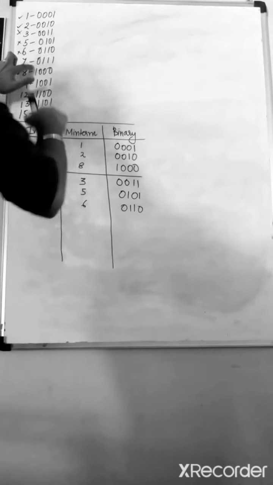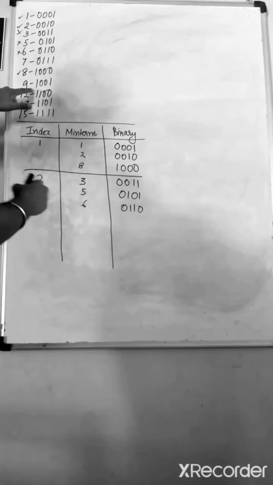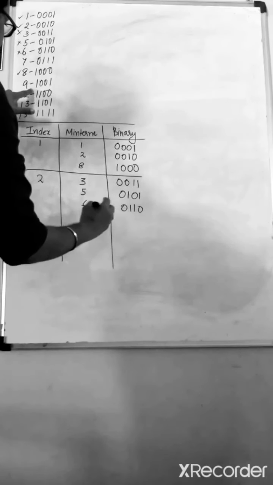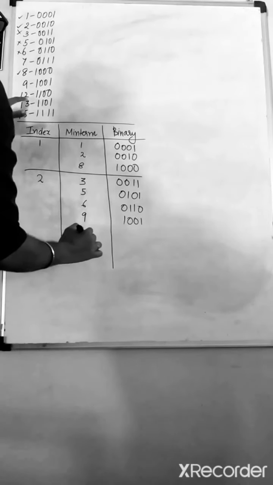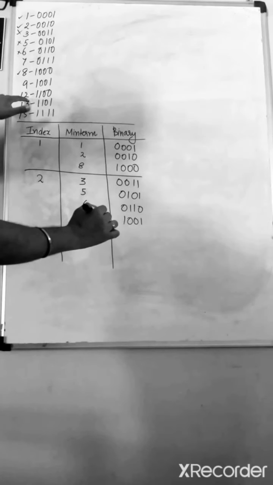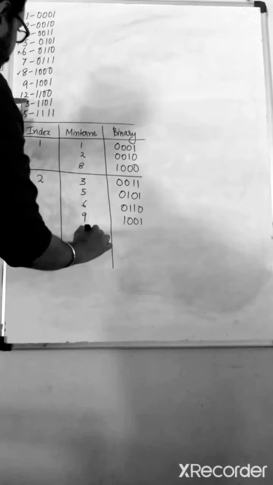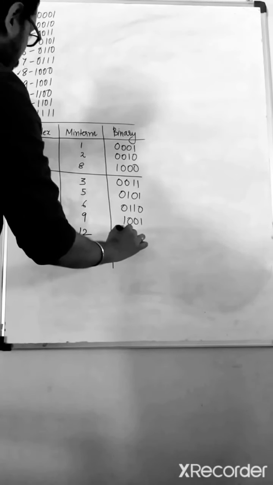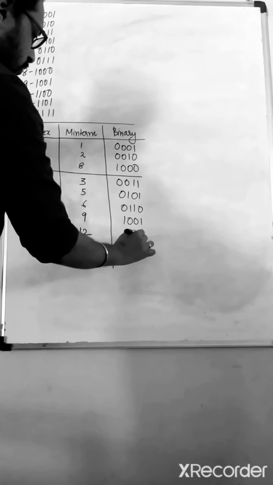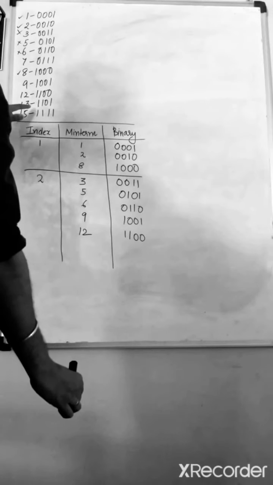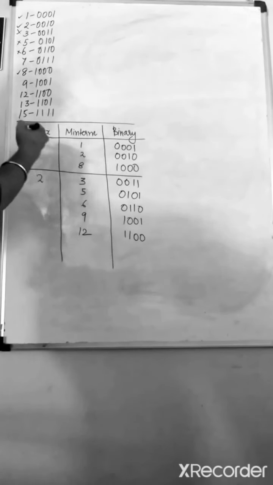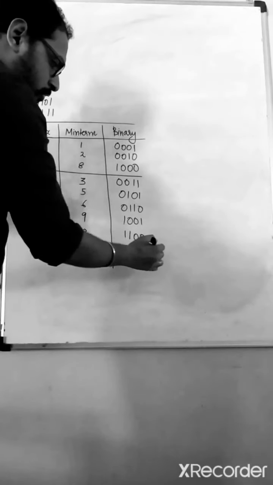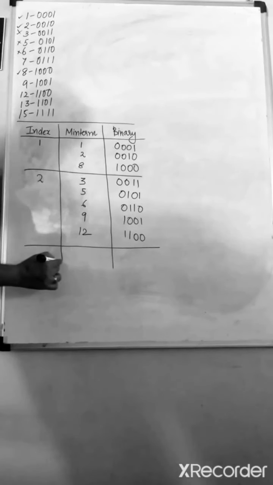In 7 we have three ones, so don't take it. In 9 we have 1 0 0 1. In 12 we have 1 1 0 0. In 13 we have three ones, and in 15 we have four ones, so that's the second group.